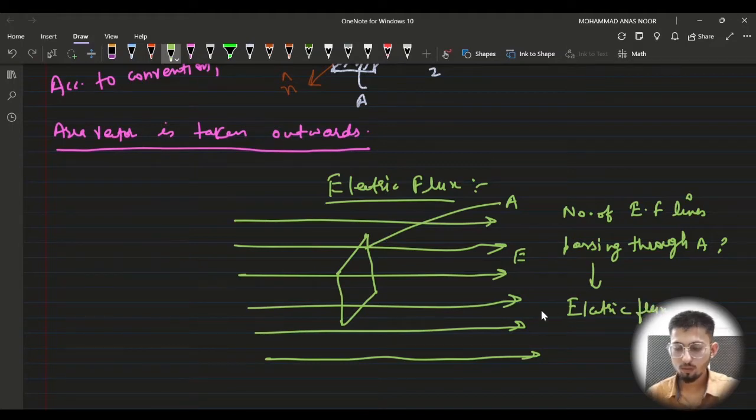So the more the number of lines passing through a given area, the more the flux will be, and if there are fewer lines passing through a given area, then the electric flux would be less, right? It is denoted by the symbol phi.